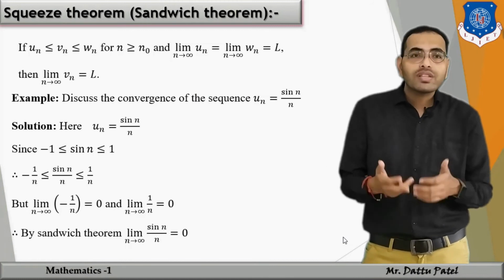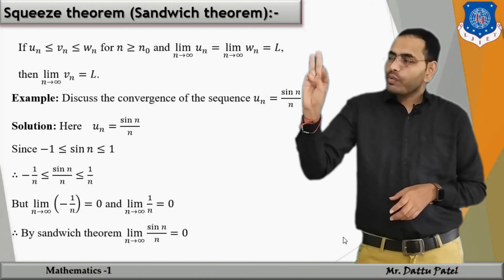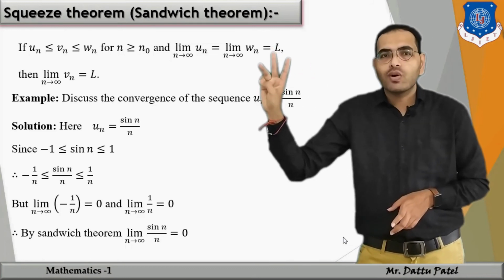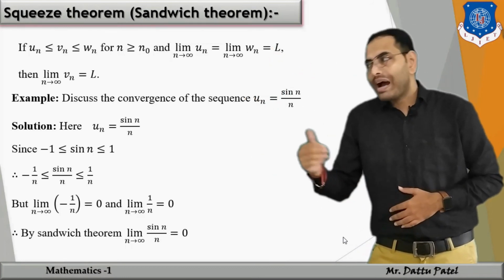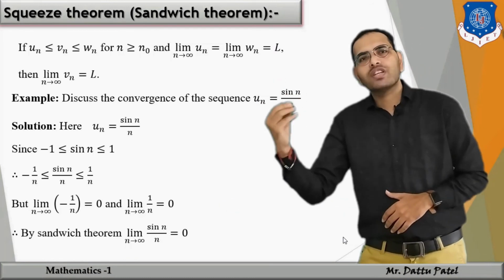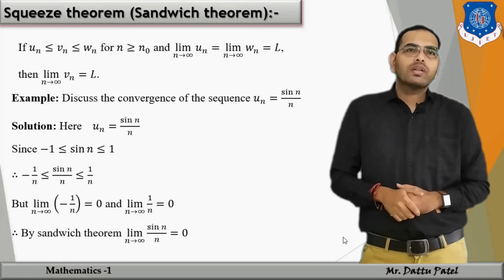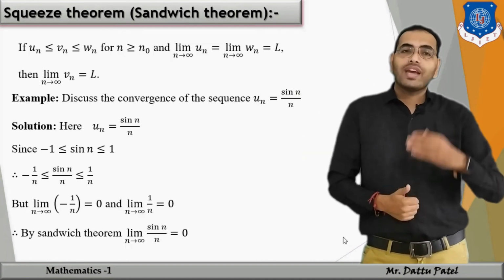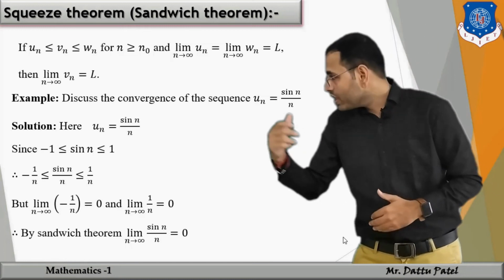Then according to the sandwich theorem, the limit of sin n by n is also 0. Therefore we can say that our sequence sin n by n converges to 0.